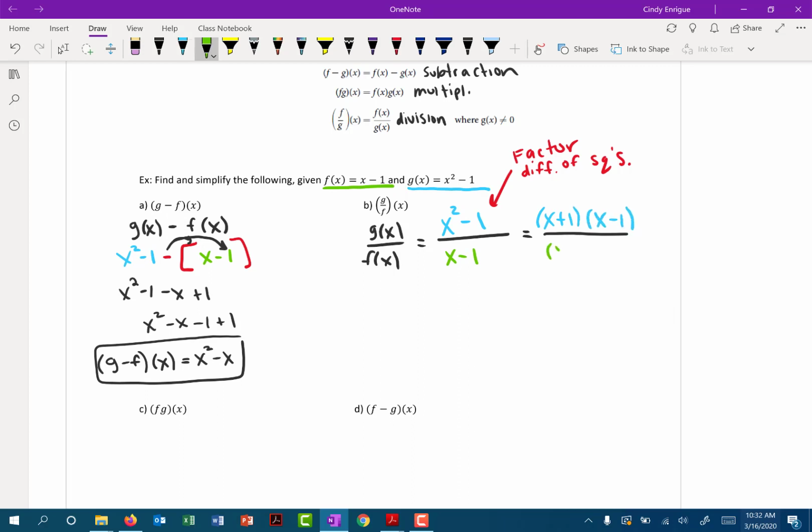And down at the bottom, I still have my x minus my 1. So what that tells us is that the x minus the 1 actually cancels out. So I'm left with an x plus 1 over 1. So I can say that g of x being divided by f of x is actually just x plus 1.